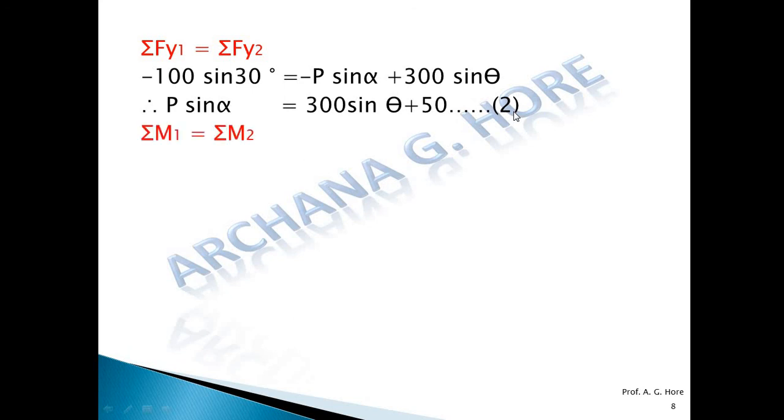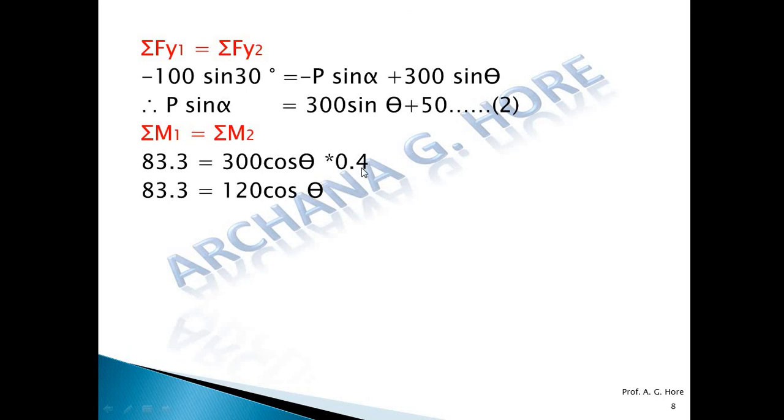Similarly, moment of system number 1 about point A is 83.3, because the first force is passing through A, so moment of that force is 0, only the couple is there. And second system's moment is 300 cos theta into 0.4. Now simplify this, and here the only unknown is theta, so we'll get theta.